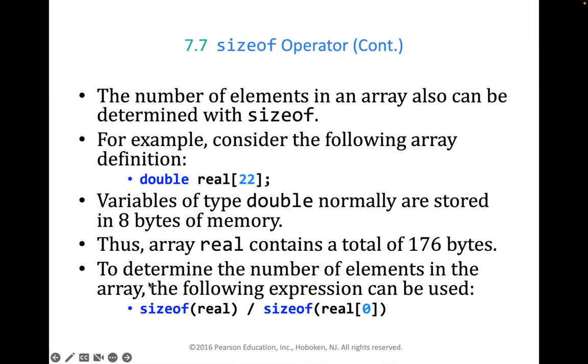Then we can use this to find the number of elements in the array with the expression sizeof(real) divided by sizeof(real[0]). This is one element, right? So we get 8. Then sizeof(real) is the total bytes in the whole array, so 176 divided by 8, we should get 22.